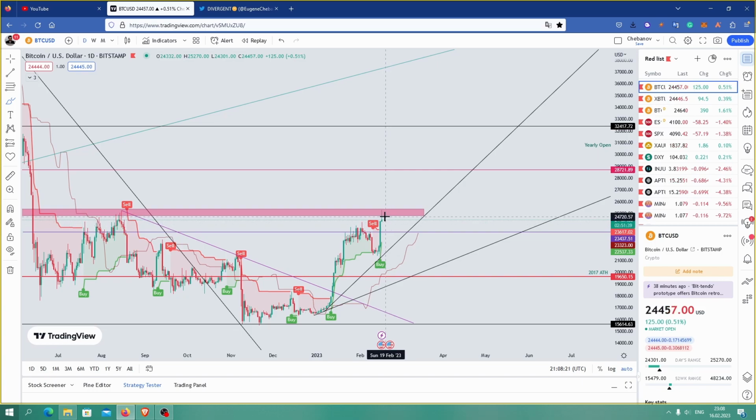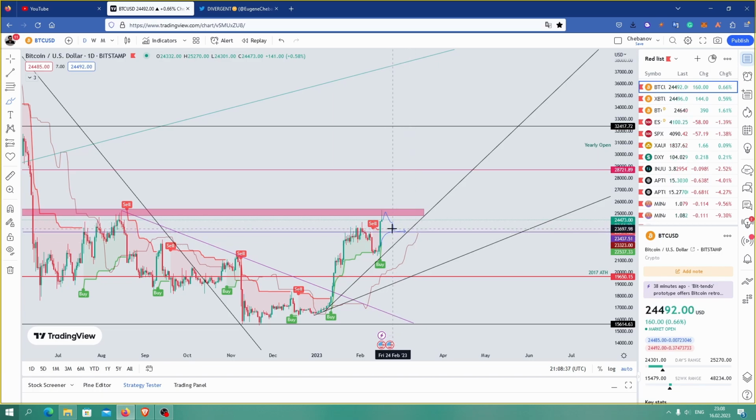So now we are retesting this super trend support, and it means that if we go for the retest of this super trend and we hold it, we do not break it, then we are set for new highs, at least 28 first.